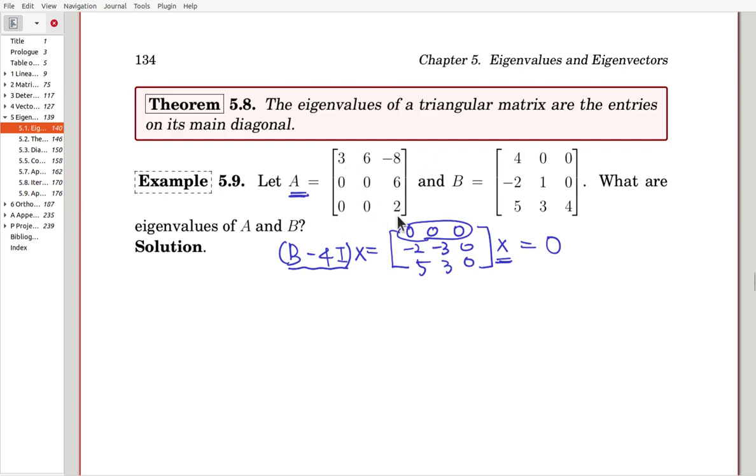For 0, this matrix has only 2 pivot columns, so 0 itself is an eigenvalue, because Ax equals 0 immediately has a non-trivial solution. So for triangular matrices, the diagonal entries must be eigenvalues.